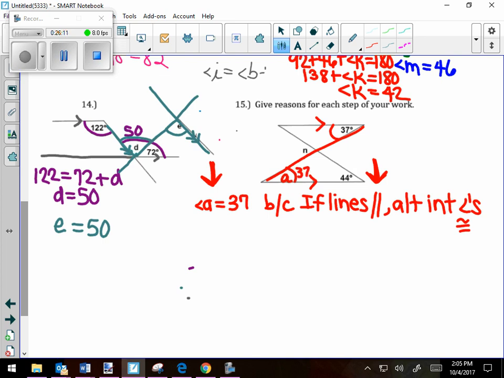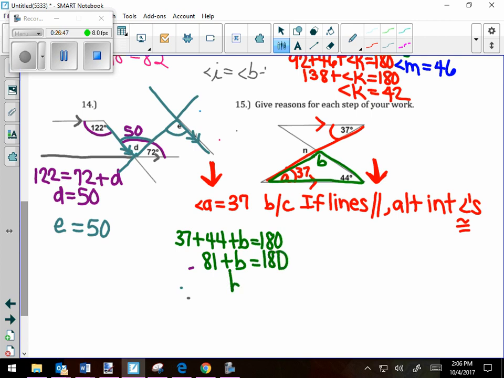What I'm going to do next is I'm going to actually focus my attention on the triangle that's here, because now inside this triangle, I know two of the angle measures, and if I call this angle B, I know that between the 37 degrees plus the 44 degrees plus angle B, the angles of a triangle have to add to 180. So this gives me 81 plus B equals 180.